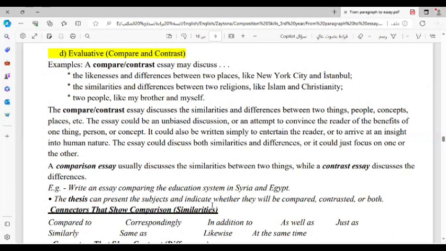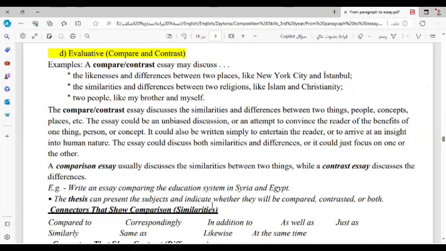Maybe, for example, life in the countryside is very cheap. Okay. And in the city, what do you think? It's higher than the countryside. Yes, thank you, Ahmed. So are you talking about the similarities or differences? Differences. So this is not comparison, right?